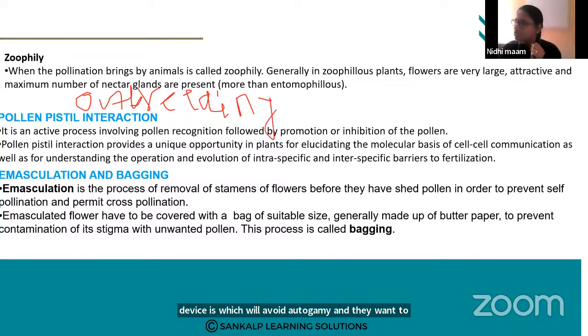In outbreeding devices we have 3 or 4 factors.